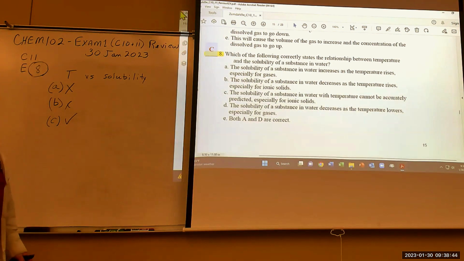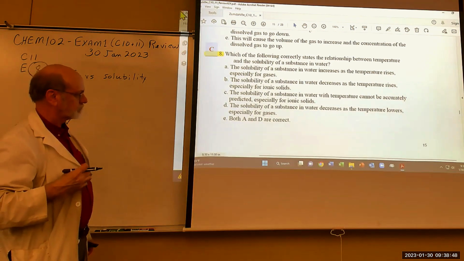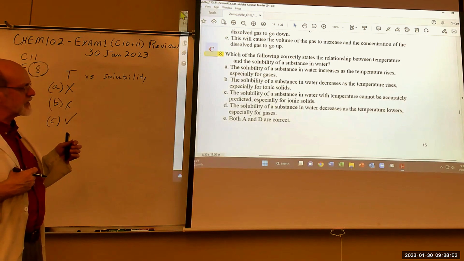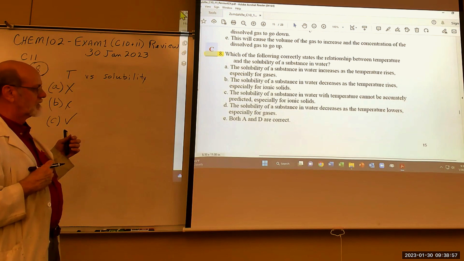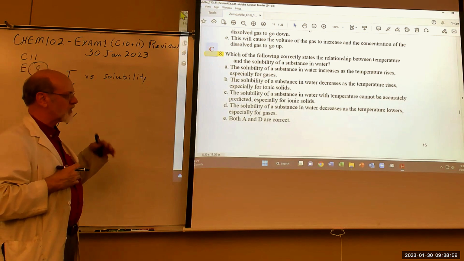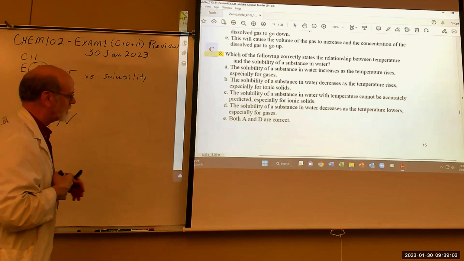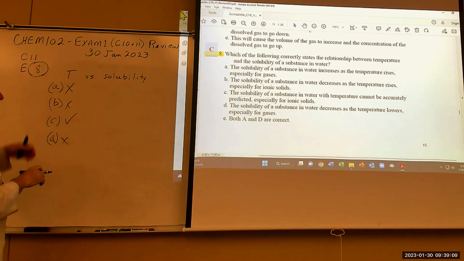We've not found a way to predict that solubility. Solubility of a substance in water decreases as the temperature lowers, especially for gases. No, as the temperature drops, gases become more soluble. Right? So D is wrong. C is the only one that's right.